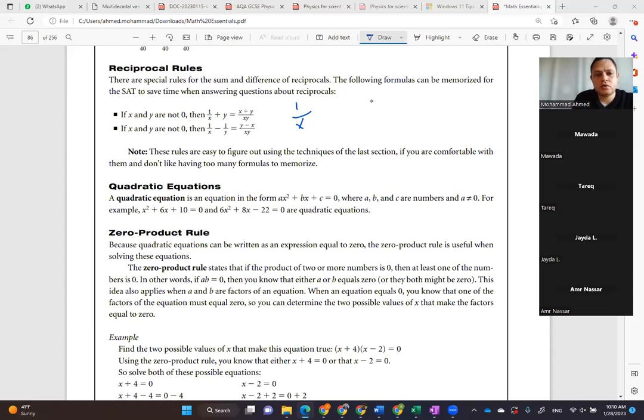So the first rule of adding reciprocals, if you have 1 over x plus 1 over y, you cannot add them. You have to make a common denominator to add them. So 1 over x plus y over 1, right? So we're going to multiply the first by y, and we're going to multiply the second by x.